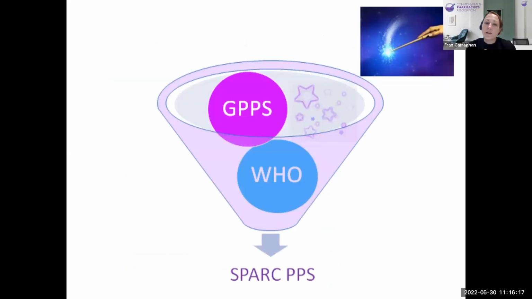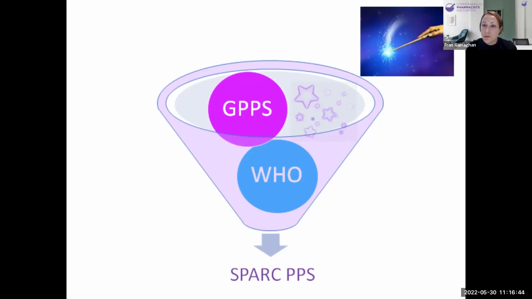So looking at what our SPARC point prevalence survey is, the Commonwealth Pharmacist team really had to think about which methodology was most appropriate for our SPARC survey. We commonly work with the Global Point Prevalence Survey group, who are based in Belgium, and we've used this data tool for previous point prevalence surveys in our projects.